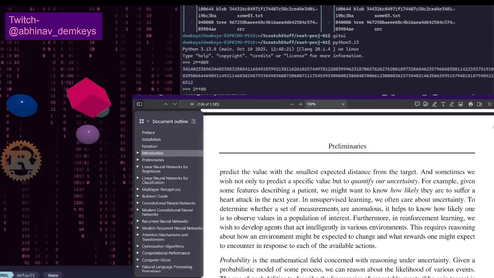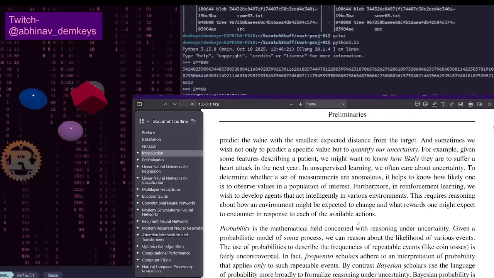Furthermore, in reinforcement learning, we wish to develop agents that act intelligently in various environments. This requires reasoning about how an environment might be expected to change and what rewards one might expect to encounter in response to each of the available actions.